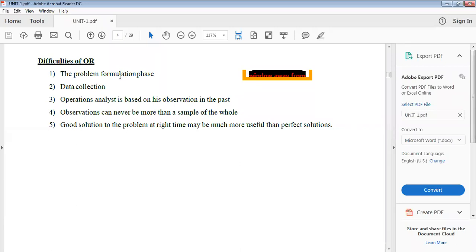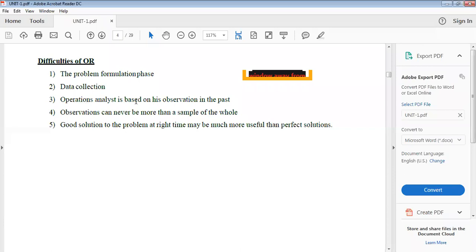A lot of data has to be collected, and according to it a problem has to be formulated. Whether it is a maximization or minimization problem has to be analyzed, and for that a lot of data is required.